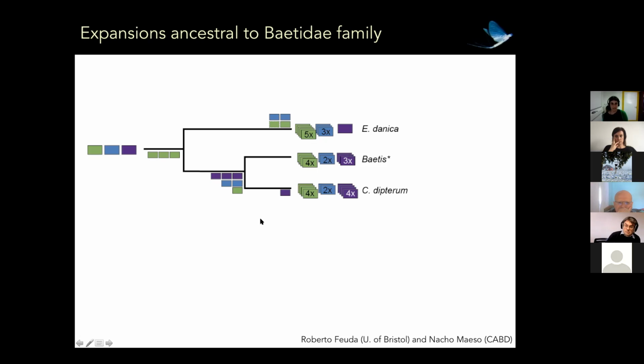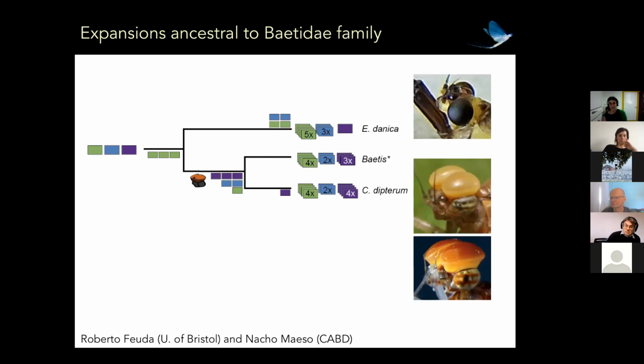And the Baetidae family, if you remember from my first slides, has a very striking trait, which is the turbanate eye. So at that point, we wondered if the appearance of this new visual system had something to do with the appearance of these new opsins.